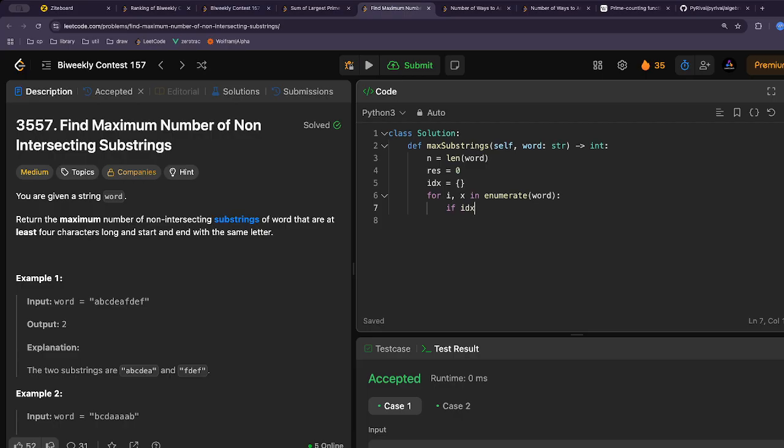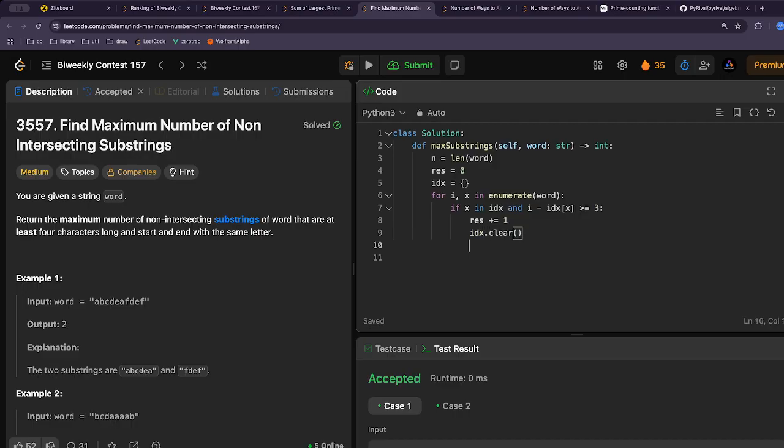So if x is in idx and i minus idx is greater than or equal to 3, then it means that we can close a substring. So we add it and we clear our dictionary that tracks the first time that we've seen each letter, right?